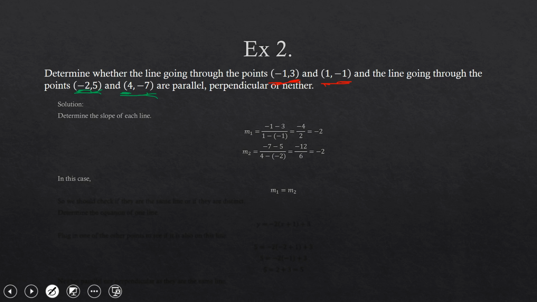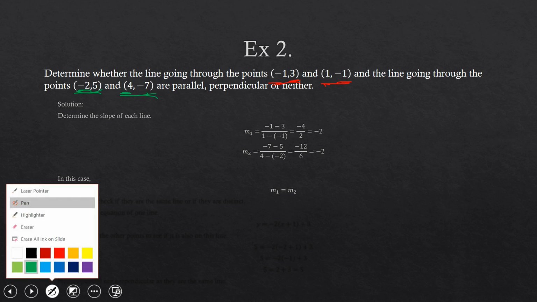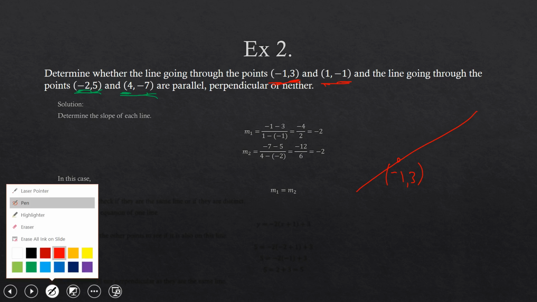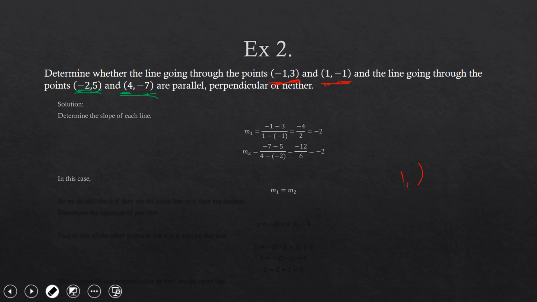So they're parallel, right? Well, not necessarily. The points I gave you, they could be on the same line. So it could be the case that here's -1, 3, right? Oops, that's not a very good picture for our graph. Let's go ahead and change it. The slope is negative, right? -2 is our slope.